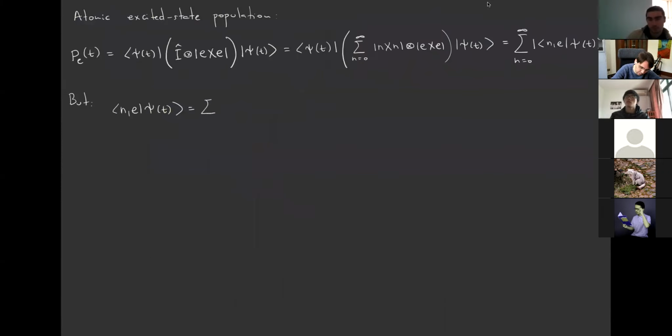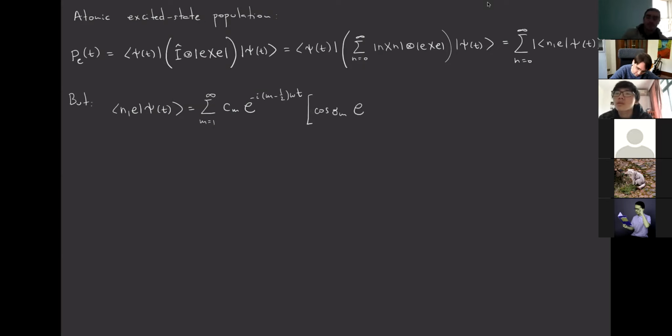So let me just write down the expression. We will have the sum from 1 to infinity of C_n e^(-i(n-1/2)ωt). And then we start with the projections.